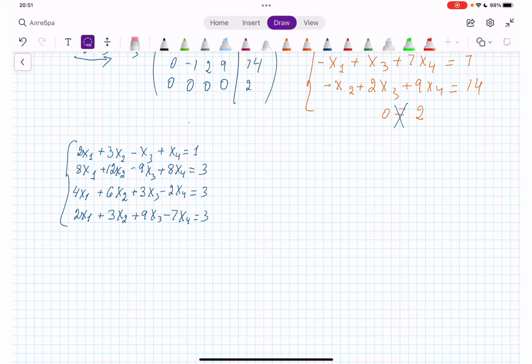So we are going to have matrix 2, 3, negative 1, positive 1, and here is 1, extended matrix.